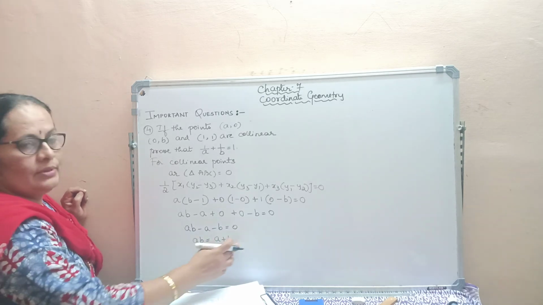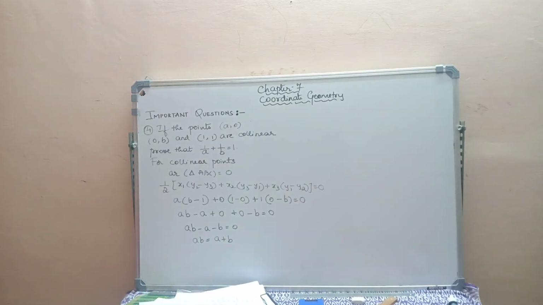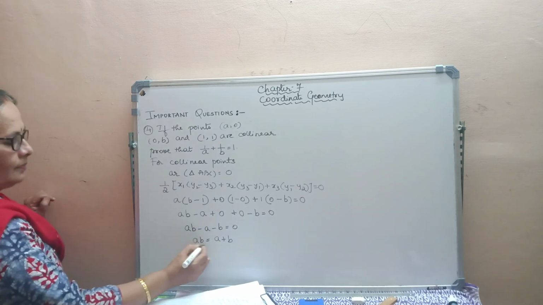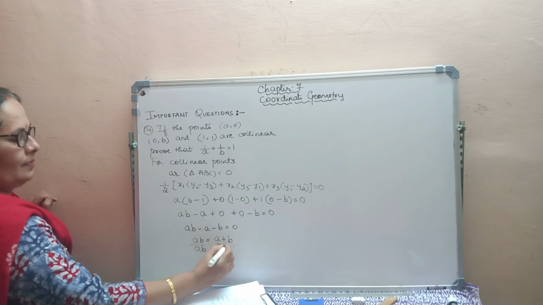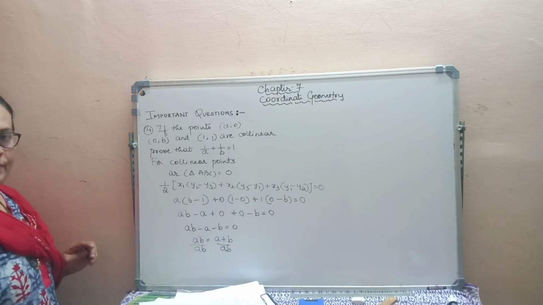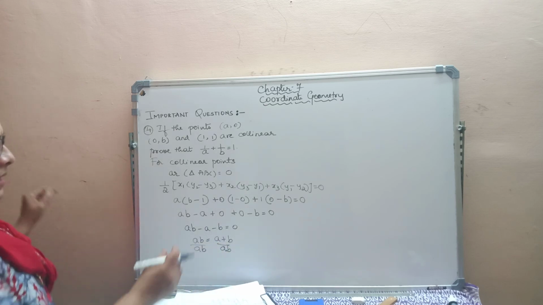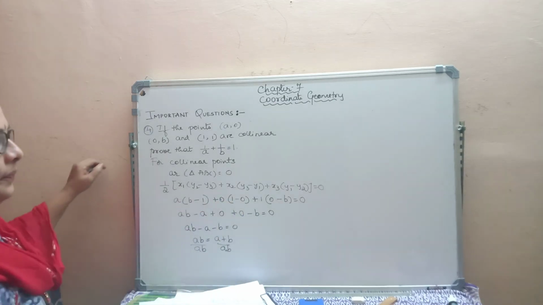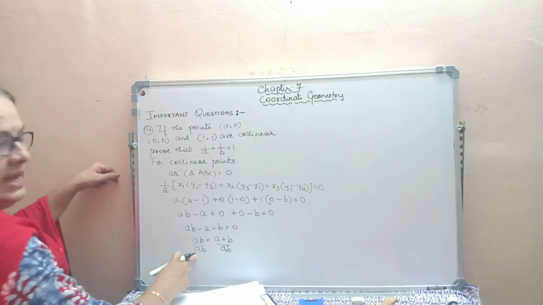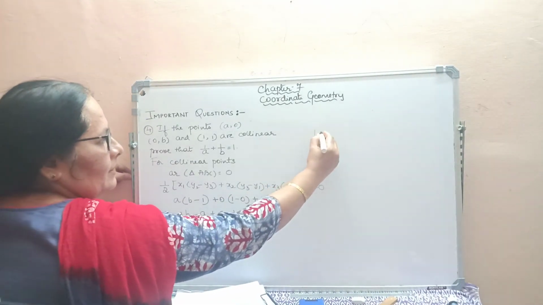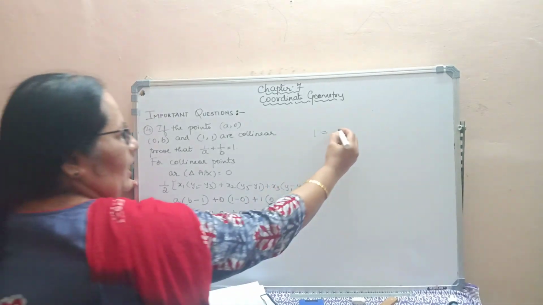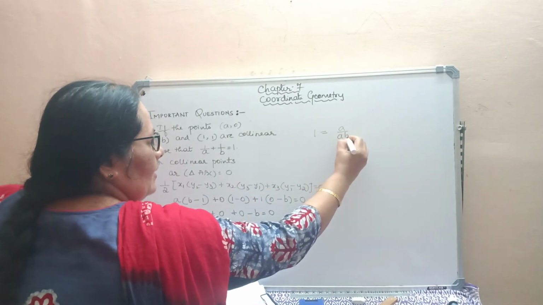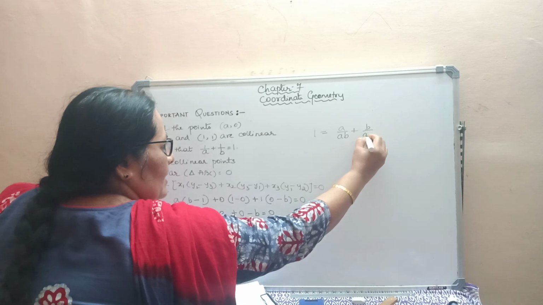Now, divide both sides by ab. On dividing both sides by ab, you will get ab by ab, which is 1, equals a by ab plus b by ab.